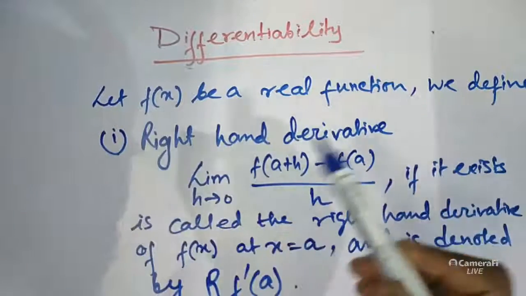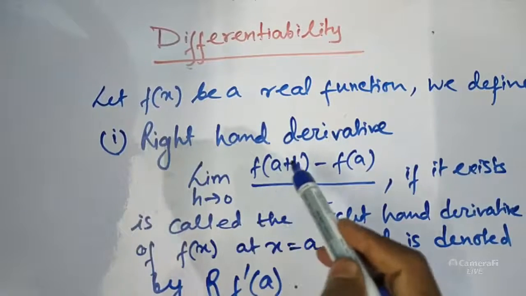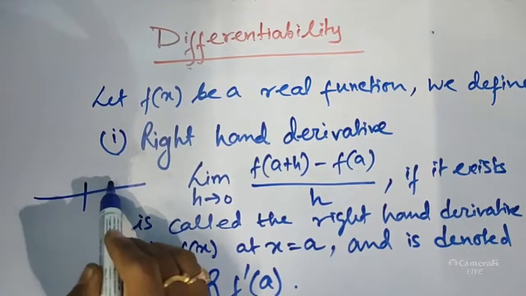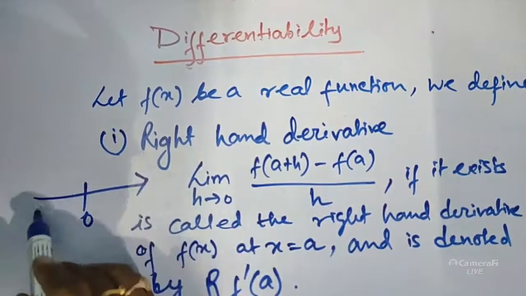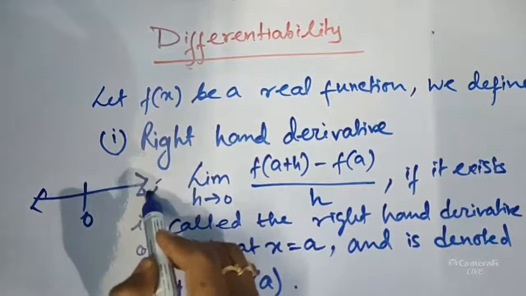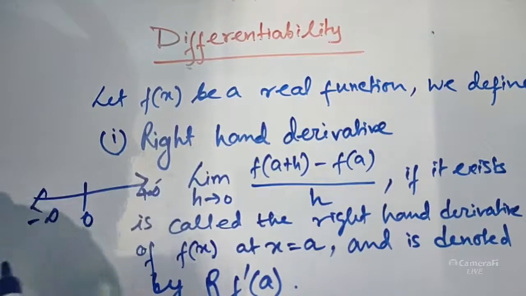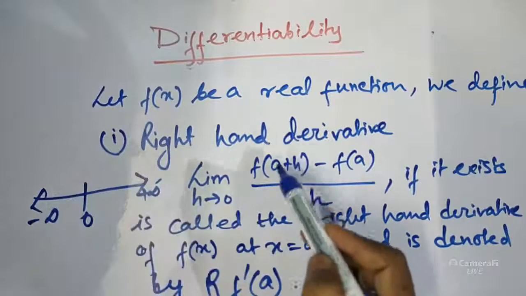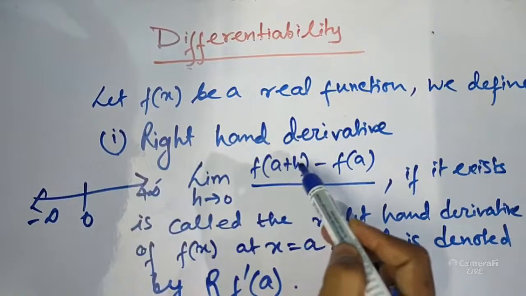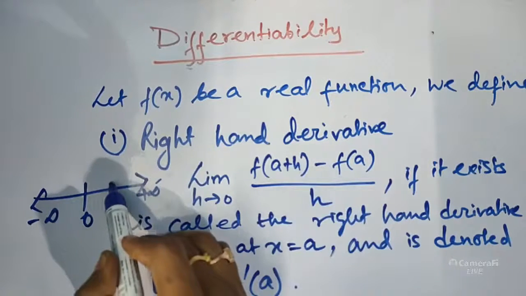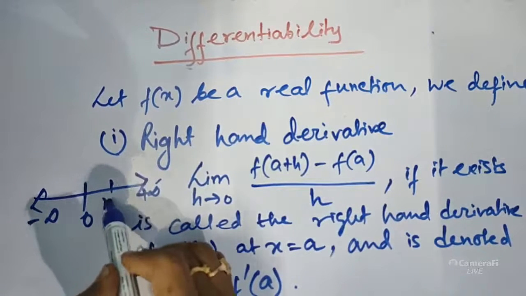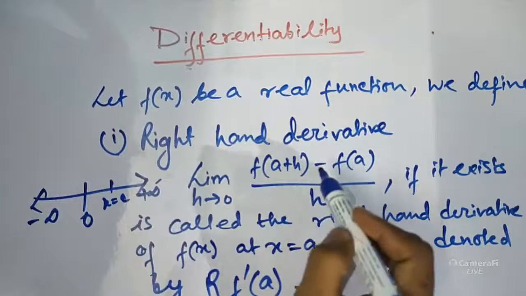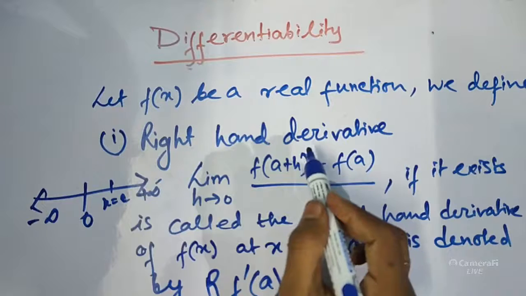So if the function f(x) is a real valued function, then we can define the right hand derivative as limit h tends to 0 f of a plus h. On the right side of 0, this side is plus infinity, this side is minus infinity, so on the right hand side we always get positive values. That's why I have taken a plus h, where we are finding the value of the function at x equals a, and h is a very small quantity.